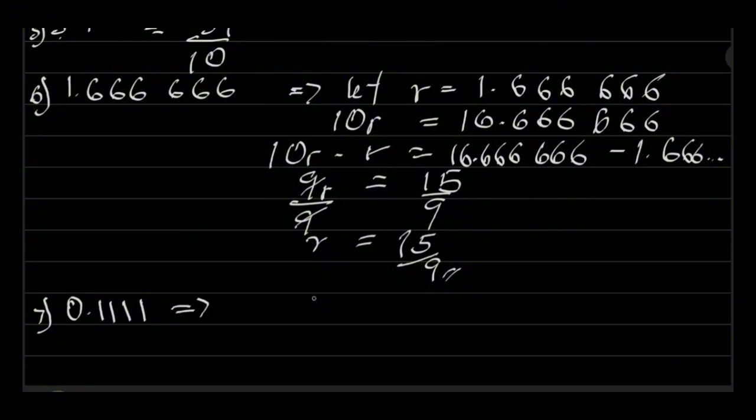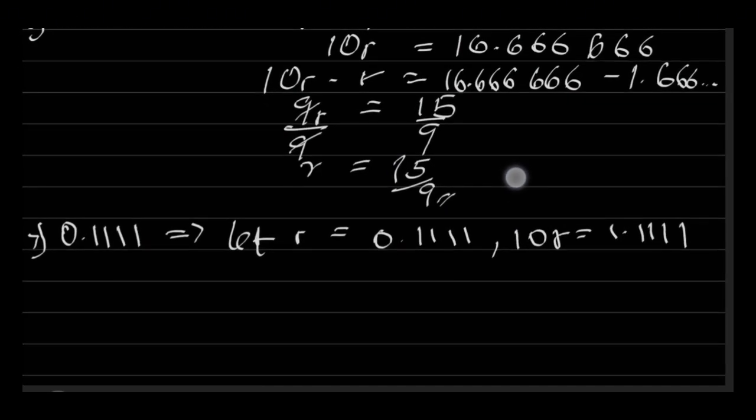So to deal with this, let r equal 0.1111. Then 10r will be equal to 1.1111, since it is non-terminating and recurring.